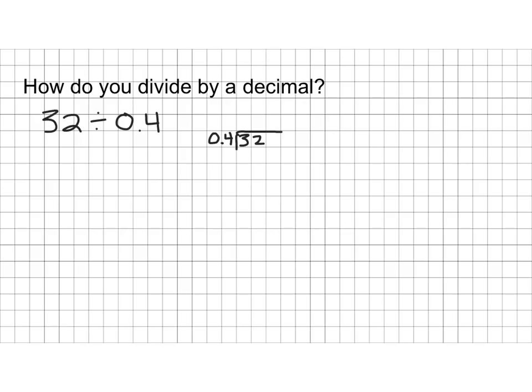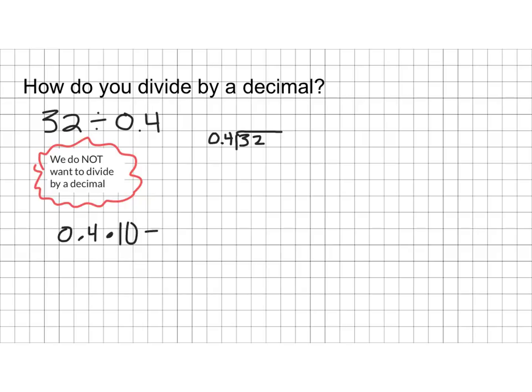Instead, what we can do is figure out how to be dividing by a whole number instead of by a decimal, because we do not want to have to divide by a decimal. Well, instead of dividing by 0.4, I could multiply 0.4 by 10, and that would give me 4 instead.